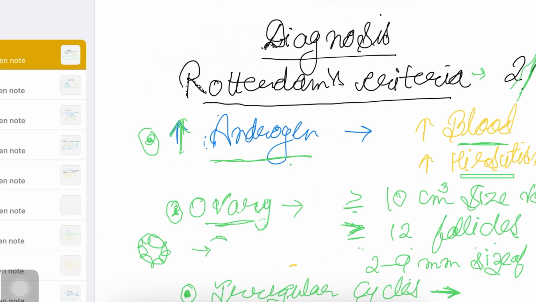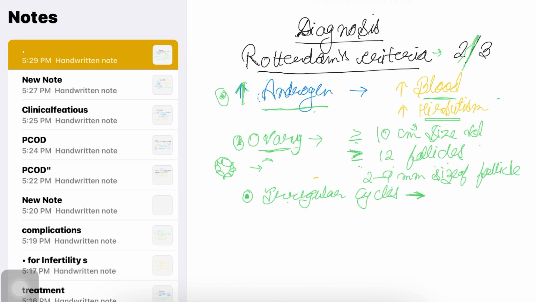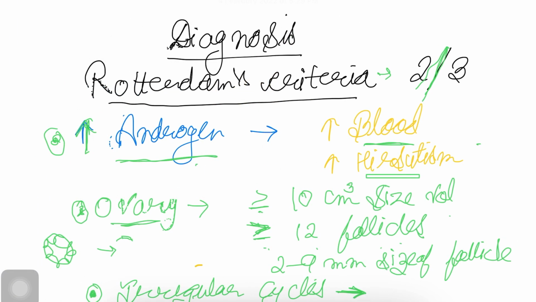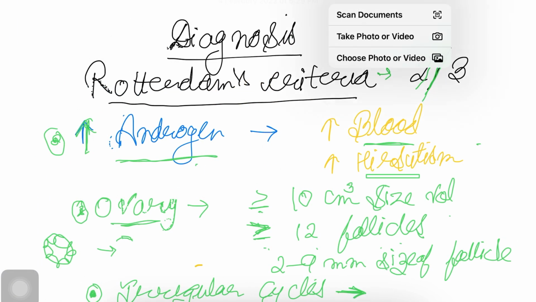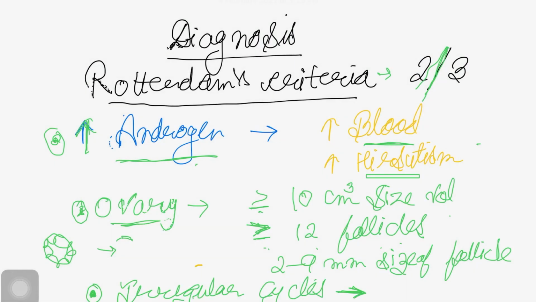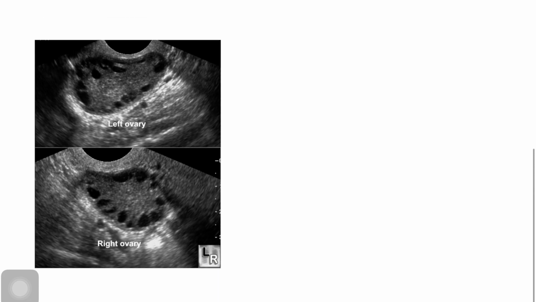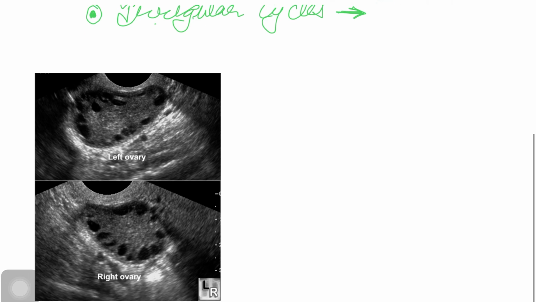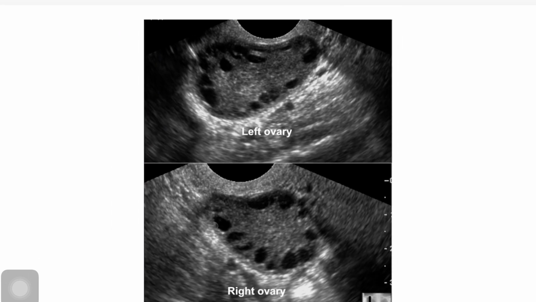Next, we will see how the ovary looks. As you can see, the ovary looks like a necklace pattern.